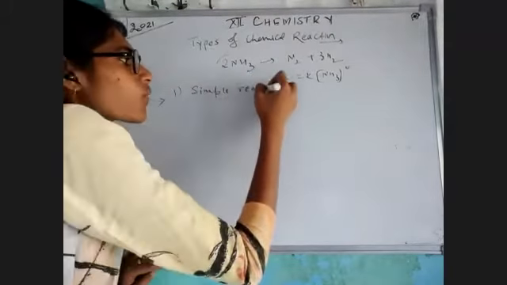So any type of reaction which takes place in a single step is known to be elementary reaction. But what would happen if my reaction is taking place in many steps? Reaction taking place in more than one step is known to be complex reaction, right?